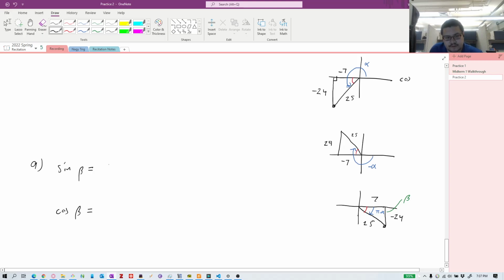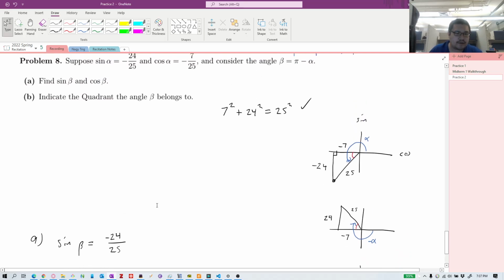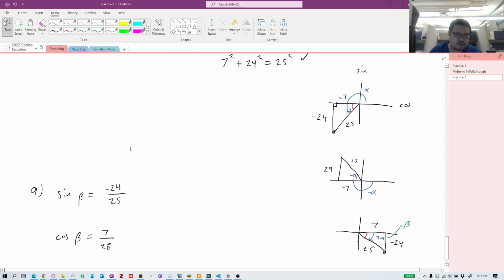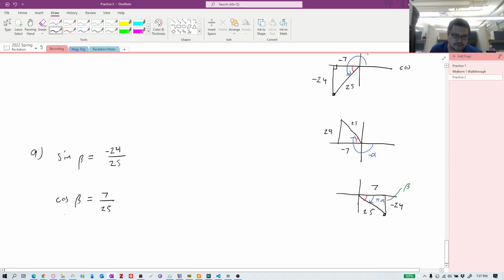So sine is opposite over hypotenuse, and cosine is adjacent over hypotenuse. There we go. And then for part B, indicate the quadrant that the angle belonged to. So that's part B. This is quadrant 4.